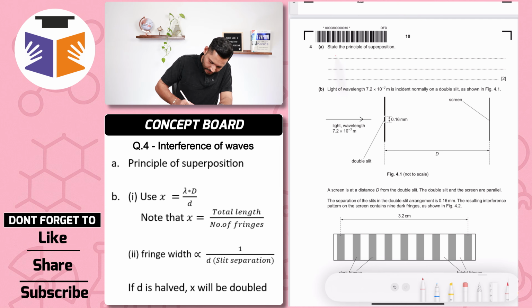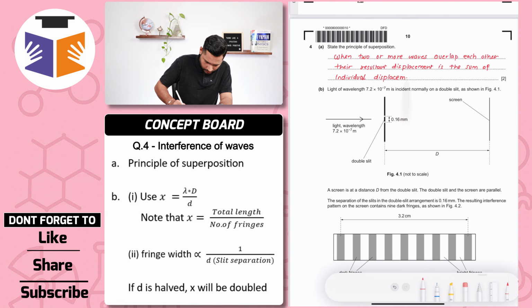So the principle of superposition states that when two or more waves overlap each other, their resultant displacement is the sum of their individual displacements.